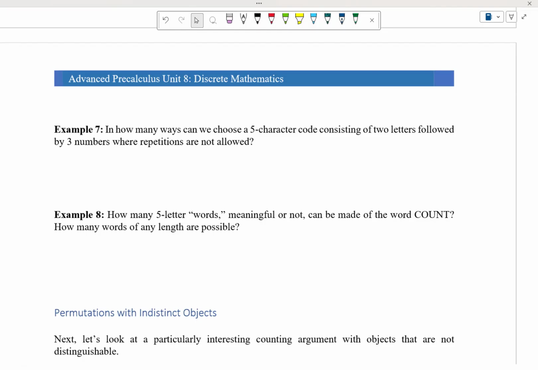If you get more than 5 with repetition, that would be impossible.